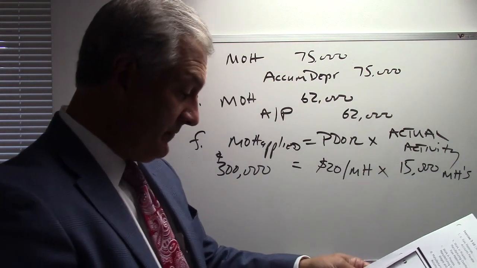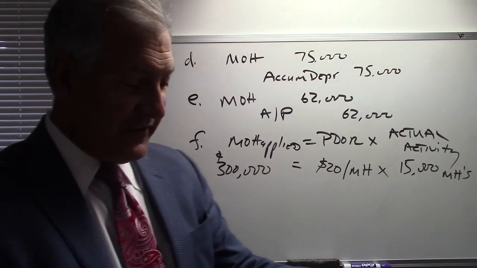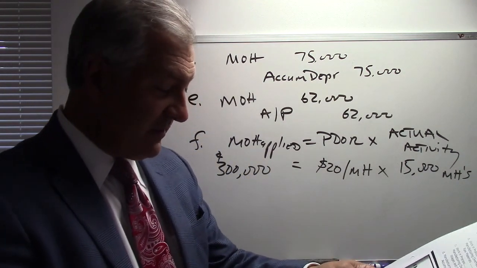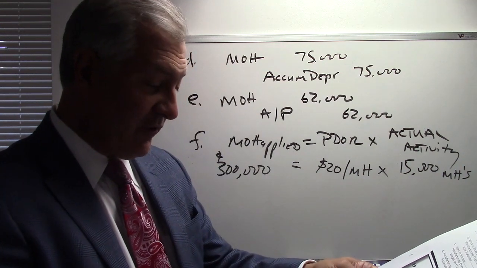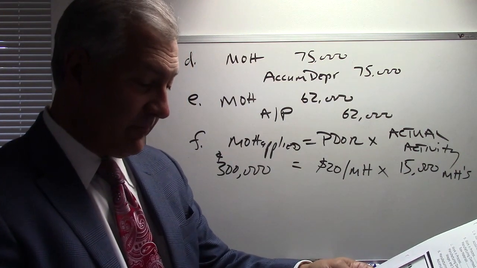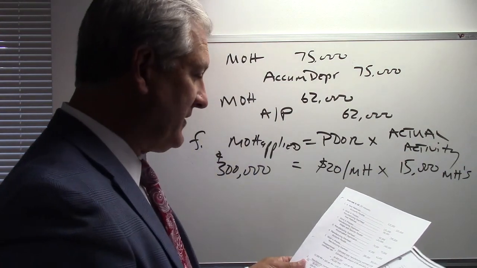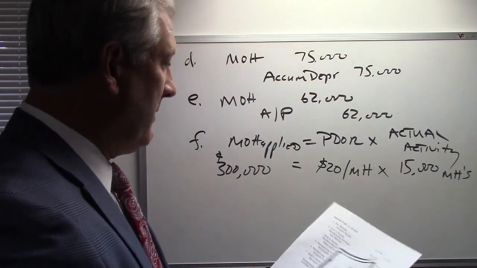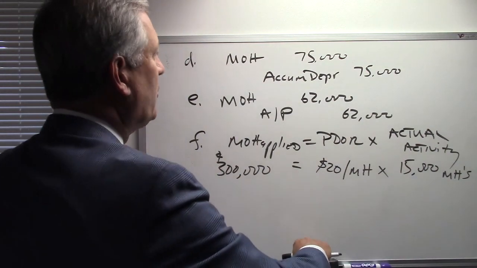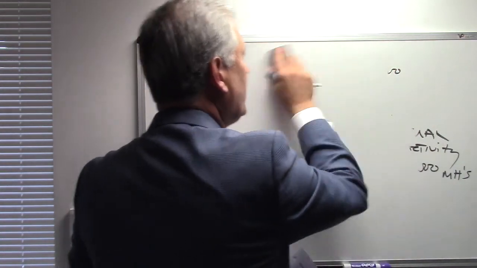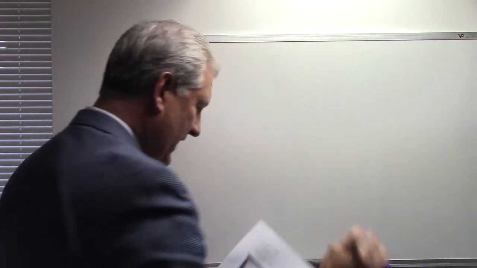Item G. The completed job for 16,000 custom-made machine parts was moved into the finished goods warehouse on January 31st to await delivery. So it was completed. So that means it moves to the next stage. But the question is, how much cost do we move? The completed job. So we need to keep track of the cost of that job. So what we know is we've got two T accounts here.